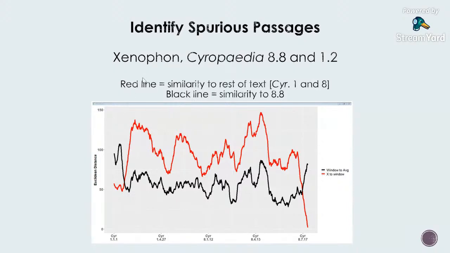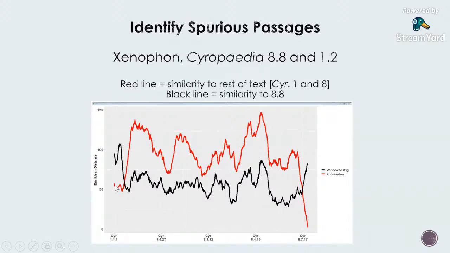When we did this with the Cyropaedia books 1 and 8, we found that book 8 is very different from the average. This is the black line, which is how different it is from the average. There are some spikes here, but also this big spike on book 1.2.